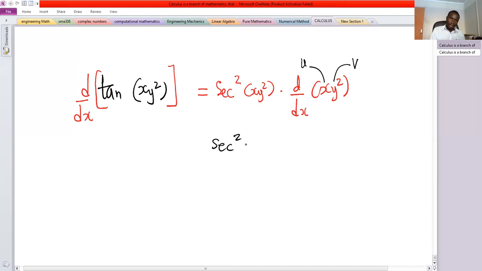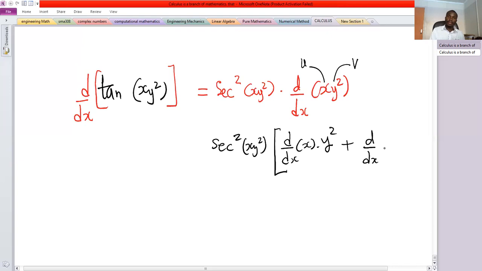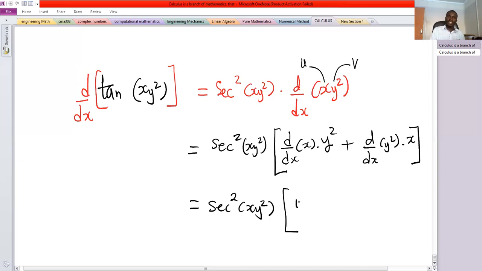So we'll have sec squared x y squared times d/dx of x times y squared plus d/dx of y squared multiplied by x, which will be sec squared x y squared times d/dx of x is 1 times y squared is y squared, plus d/dx of y squared using the power rule is 2y, but you attach dy/dx because y is assumed to be a differentiable function of x, and then multiply by x. So we'll have 2xy dy/dx.